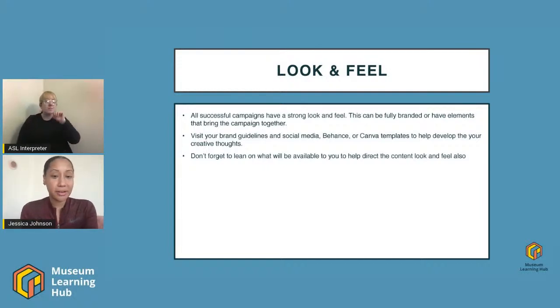But what you are creating is a special look and feel that can identify this campaign separate from your regular content. Or if it's your regular content campaign, it's just making it very clean and noticeable. And so when your audience sees whatever you've produced, they know it's you without even having to look at the name or the at mention handle.